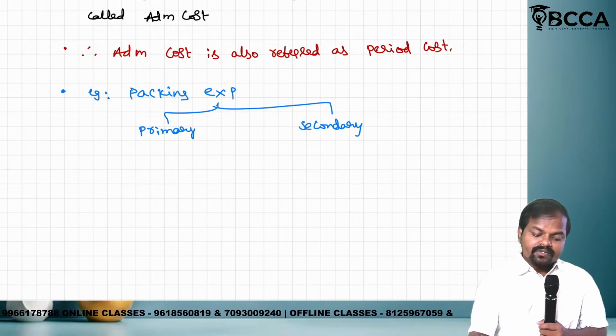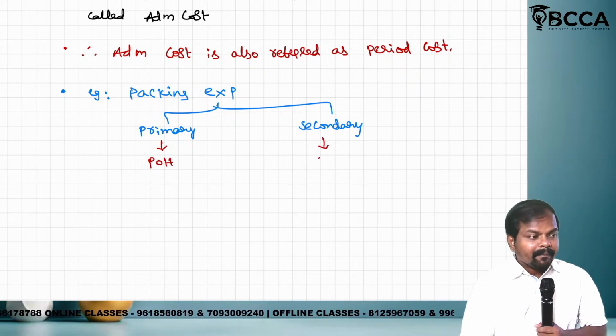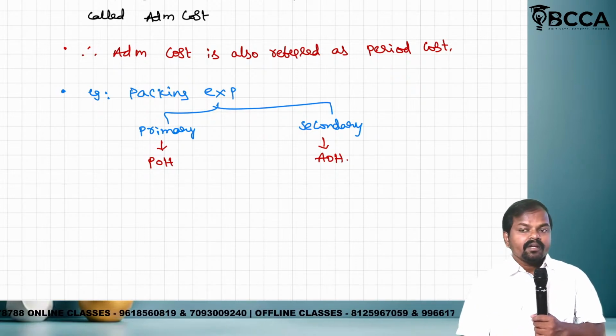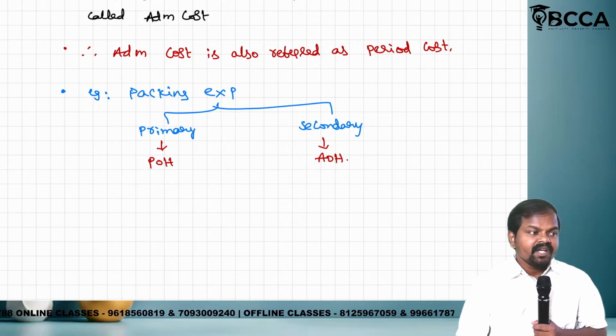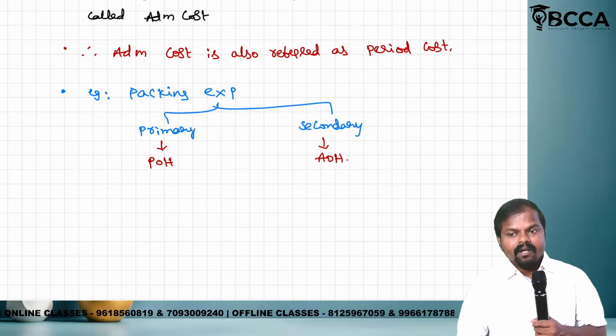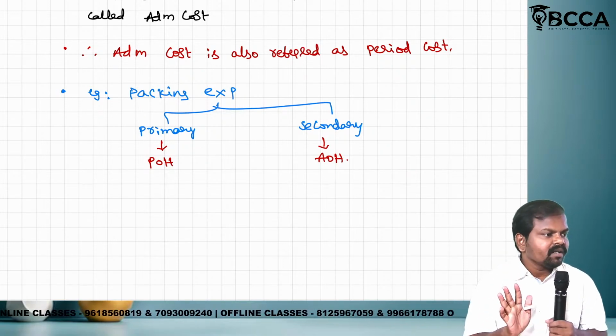Primary packing is referred to as POH, and secondary packing as AOH. In CA Inter, administration cost has two types: administration cost general and administration cost specific. But in CM Inter there is only one type. Don't confuse.